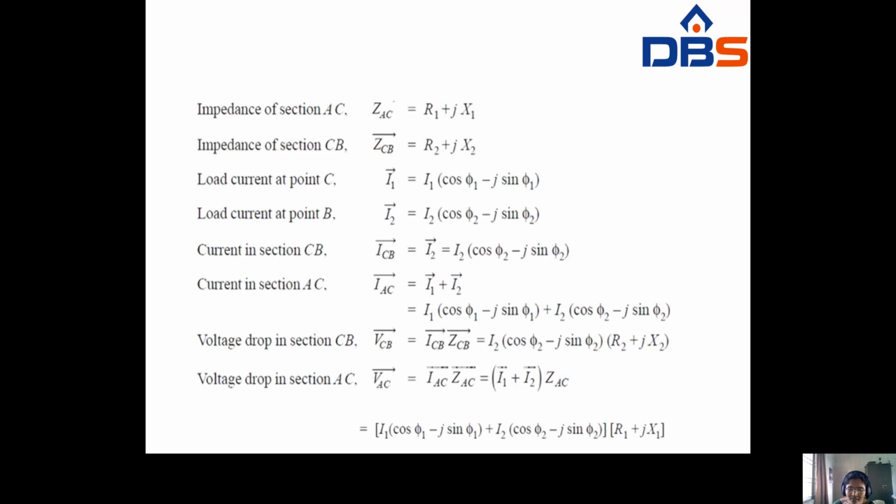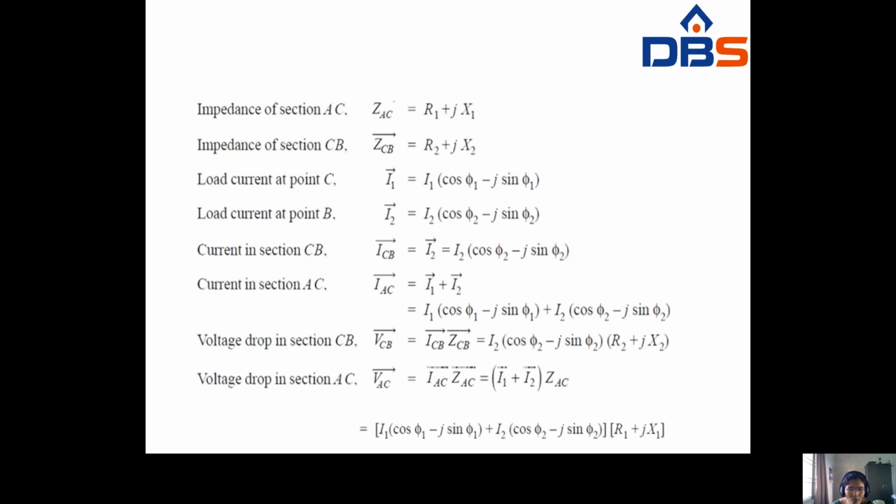Voltage drop is nothing but current into impedance. So voltage drop in section CB, VC bar equals IC bar into ZCB bar, that is I2 cos phi 2 minus j sin phi 2 into ZCB, where ZCB equals R2 plus jX2.